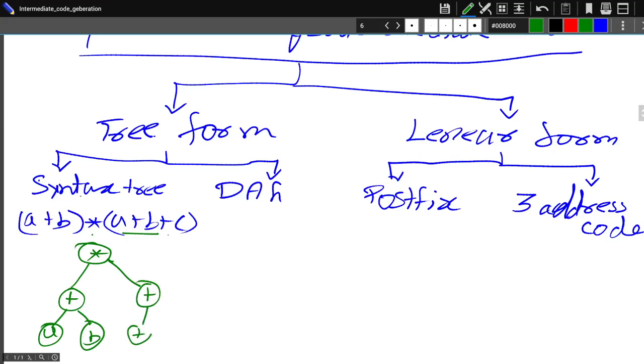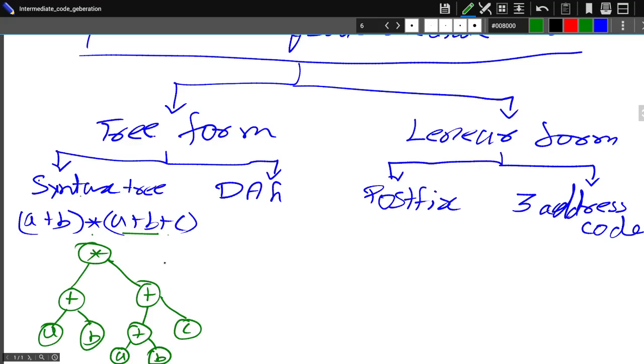Here you will have a as well as b, and here you will have c. No problem, this is how the syntax tree looks.